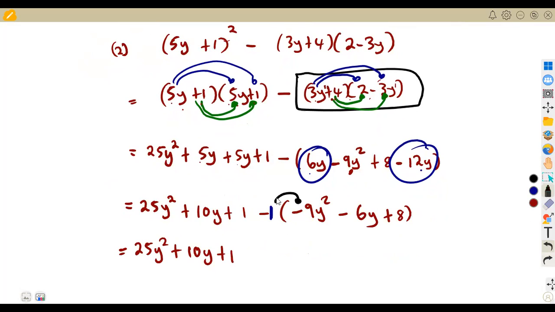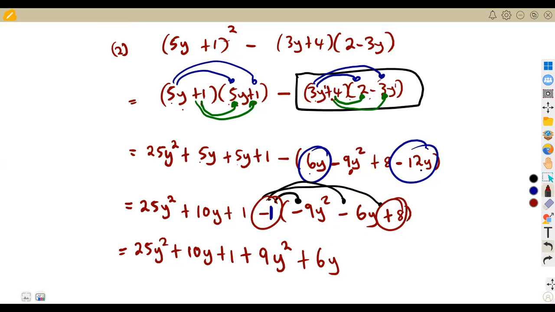Negative 1 has to multiply every term in that bracket. So negative 1 times negative 9y squared is positive 9y squared. Negative 1 and negative 6y is going to be a positive 6y. Negative 1 and a positive 8 is going to give us a negative 8. So that is the consideration.